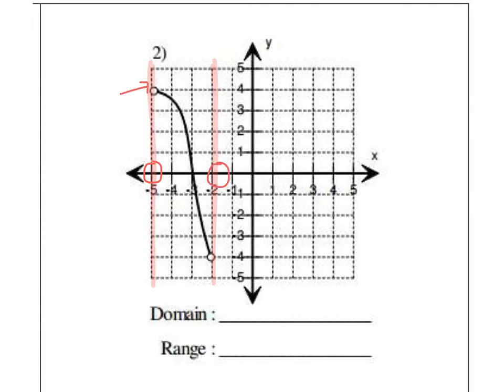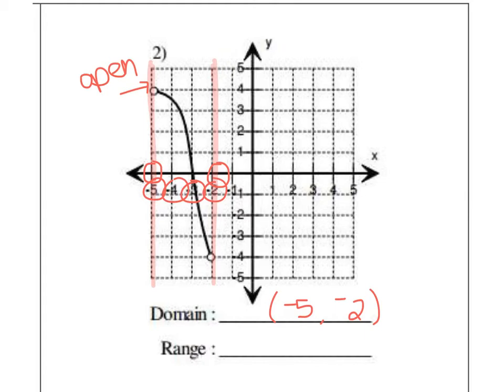And it is an open circle, which means that those numbers are not included. So our domain, we need a parenthesis, is negative 5. That means negative 5 is not included all the way up to negative 2. And negative 2 is also not included. So we're looking at these numbers right here for our domain.